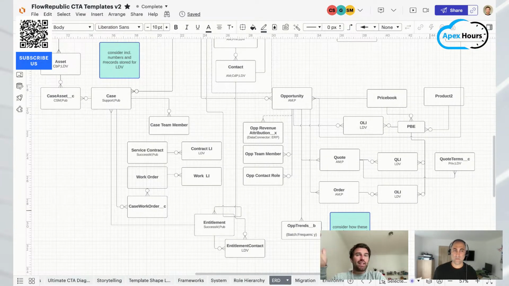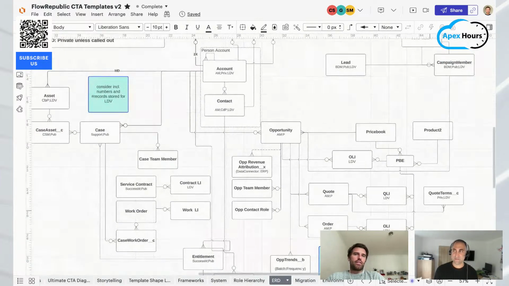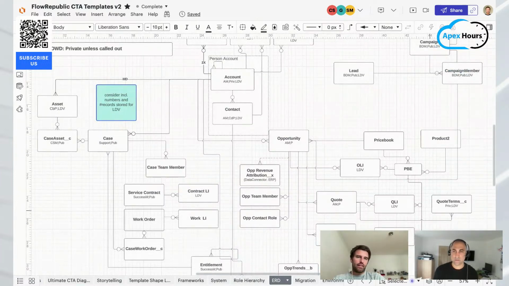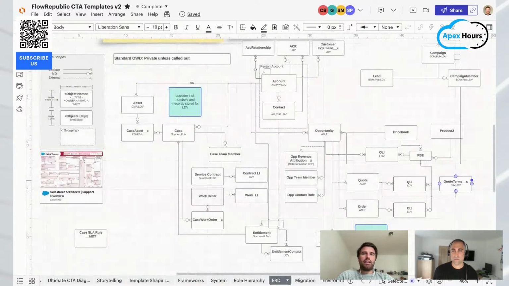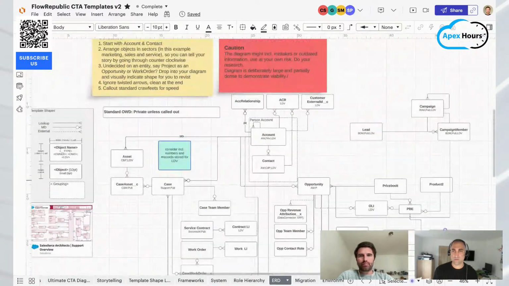Now, that is a pretty straightforward, out-of-the-box Salesforce data model, and that was really the intention, because we didn't want to make it more complicated. But this could very well also be maintenance. There could be project management aspects of what actually happens after you've sold the project, and you could arrange this in so-called sectors as well, just making your life easier and making it easier for the judges to follow.